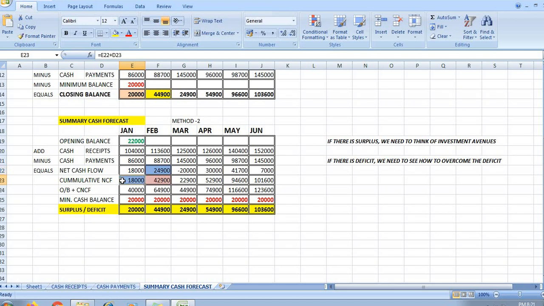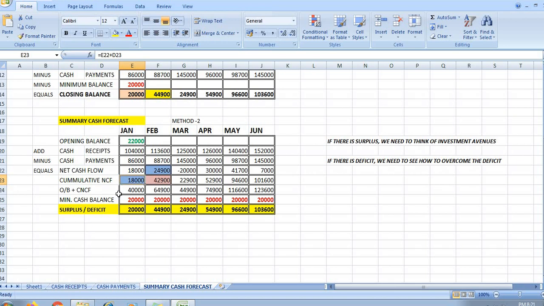When I say cumulative, it means that whatever is the net cash flow for this month, I will add the figure of the previous month also. Then I get what is known as a cumulative. But in January, since we do not have December figures, my net cash flow and cumulative net cash flow remain the same.